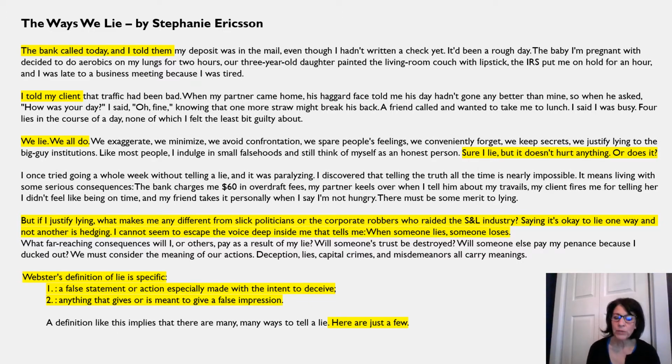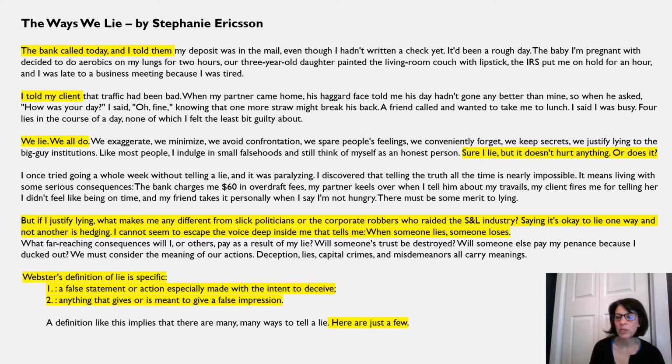And then I want to point you just to the last line here. She says, "A definition like this implies that there are many, many ways to tell a lie. Here are just a few." This little sentence, "here are just a few," we often find this kind of sentence in a classification and division essay.